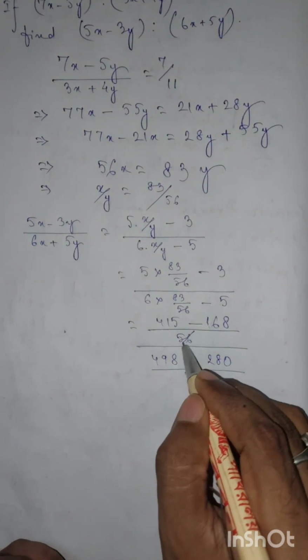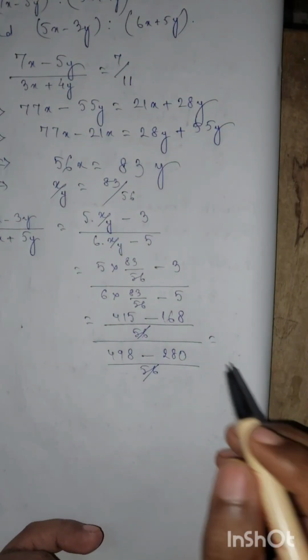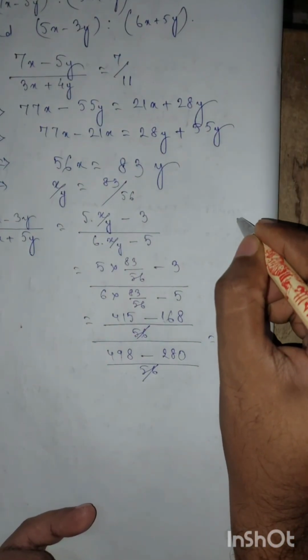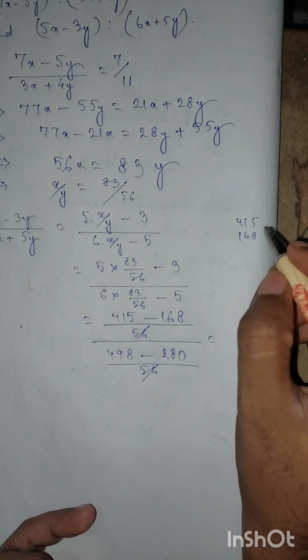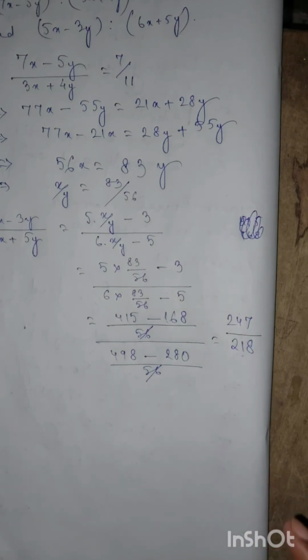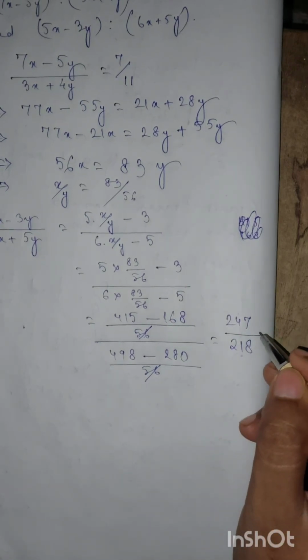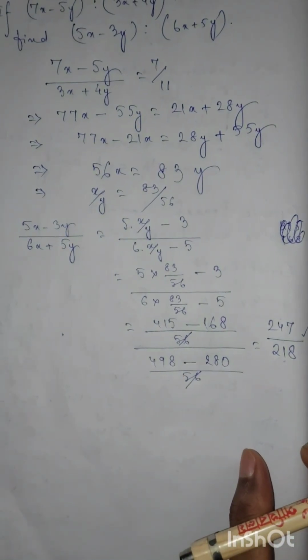So 56 can be cancelled. 415 minus 168. So this is what we get. So this should be our answer.